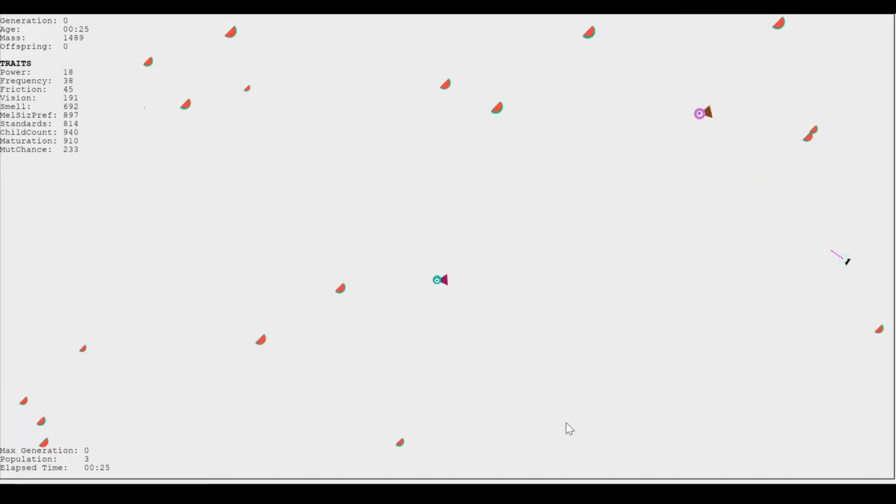two of them will decide to choose one of the others as a mate, and so it has a list of potential mates, and it sort of ranks them based on their own mass, the mass of the potential mates, the distance, how far away they are from that mate, and their standards gene here.